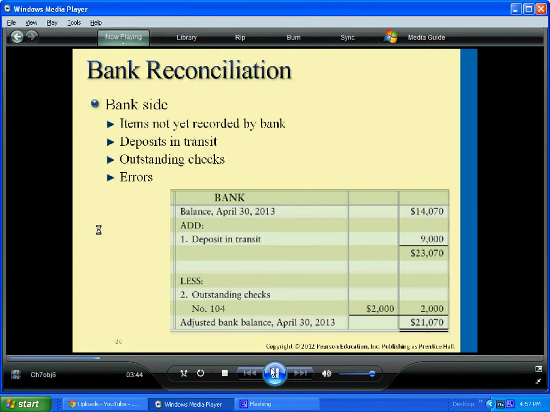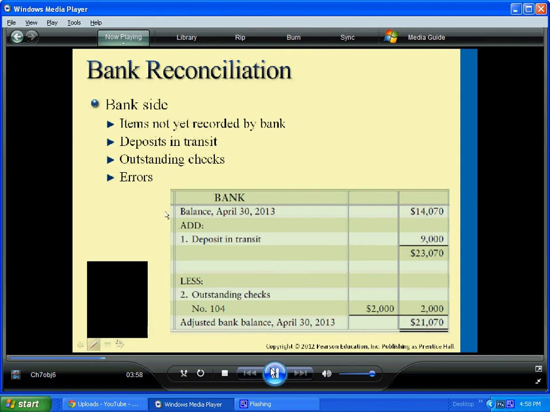On the left side, you've got the bank side. The bank side starts off with the end of the month balance, and that would be right here. So our balance at April 30th would be $14,070.